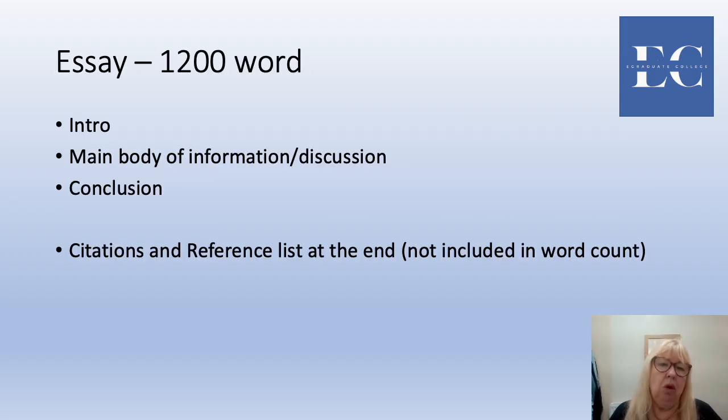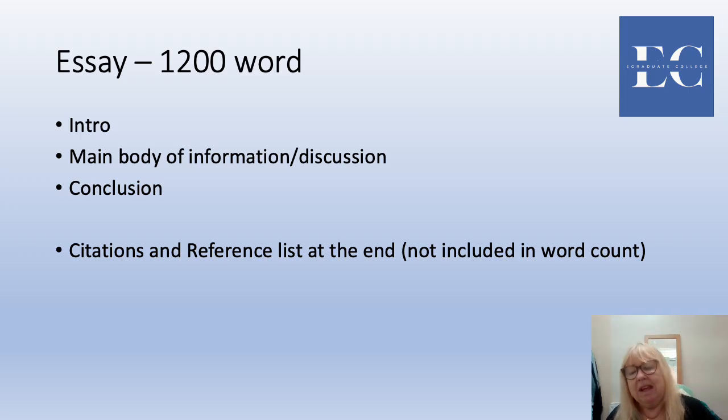So, a normal academic essay has 3 sections: an introduction, a main body, which is your information and your discussion, your research, the information that you've gathered to answer the question, and the conclusion. The intro introduces the question and how you're going to approach answering it.